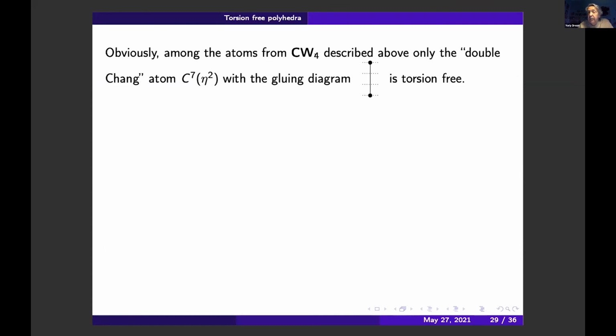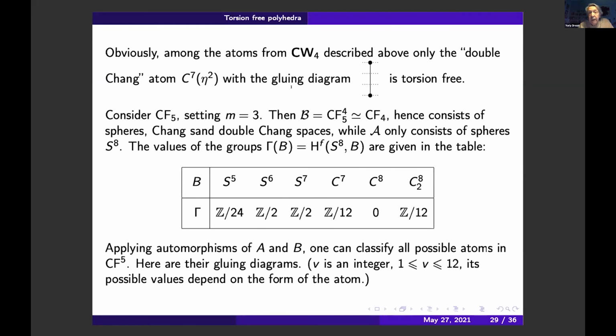For instance, in CF4, the only torsion-free atom is the double chunk atom, which is like this. It's the only one which doesn't include Moore fragments. And if we consider CF5, take M equals 3, then B will have 4 levels.